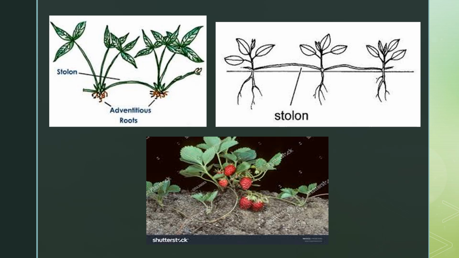It grows aerially for a while and then bends to touch the floor, and then produces adventitious roots and a new shoot. You can see the stolon on the strawberry plant.